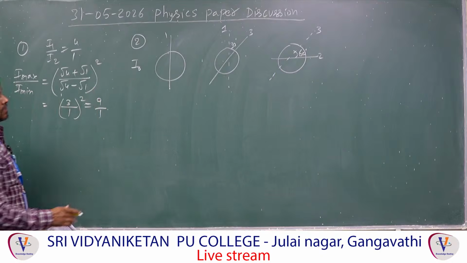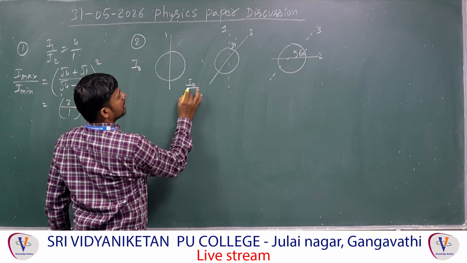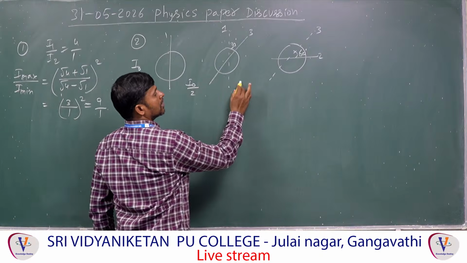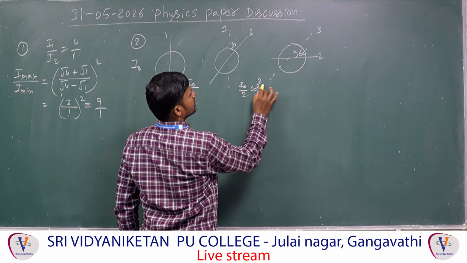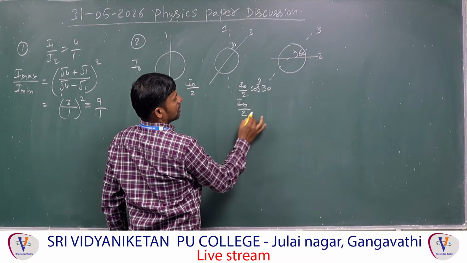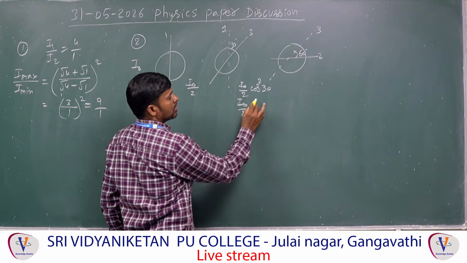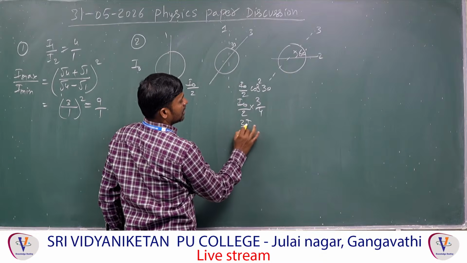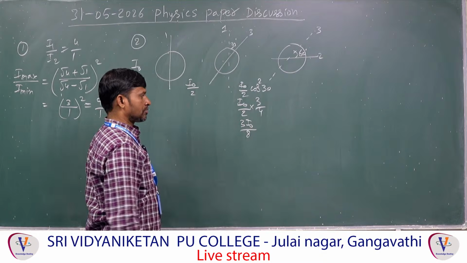What is the intensity? This value is I0, here I0 by 2, then I0 by 2 cos square 30. Cos 30 is root 3 by 2, whole square is 3 by 4, so 3 I0 by 8.